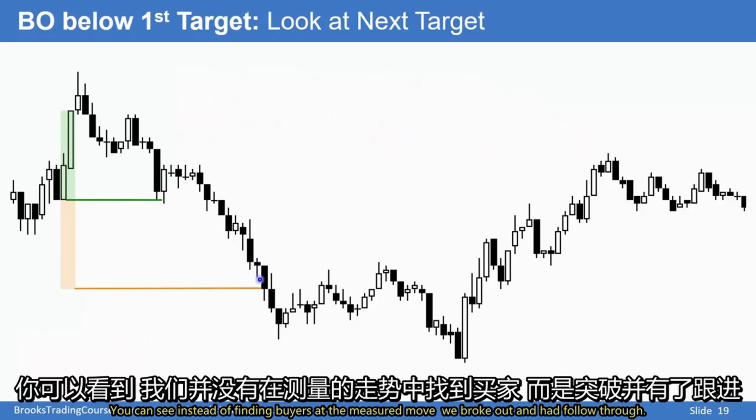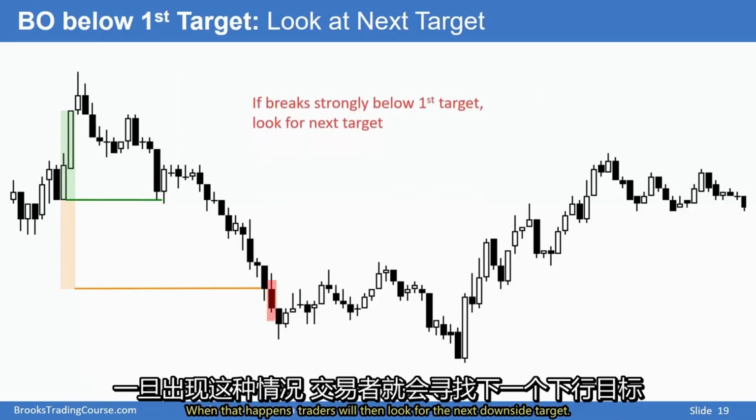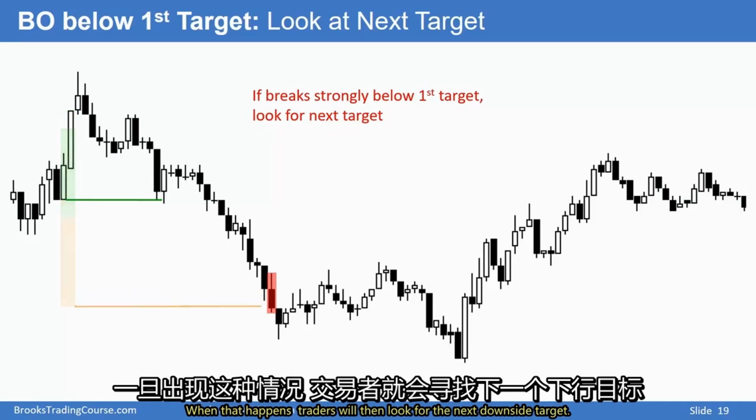You can see, instead of finding buyers at the measured move, we broke out and had follow through. When that happens, traders will then look for the next downside target.